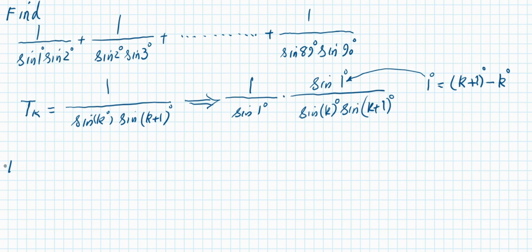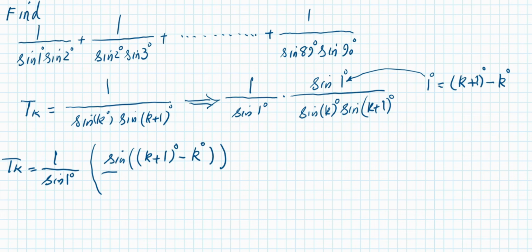So tk would be equal to 1 over sine of 1 degree times sine of k plus 1 degree minus k degree over sine of k degree sine of k plus 1 degree.